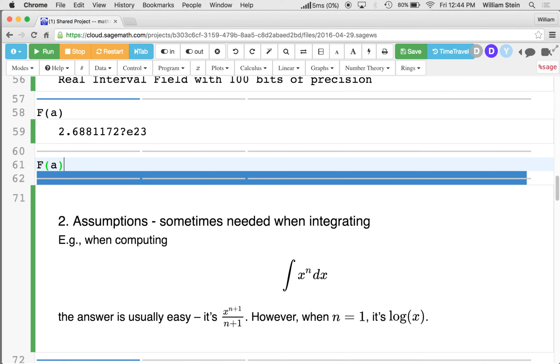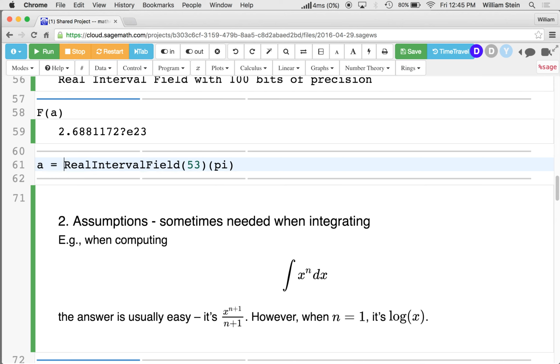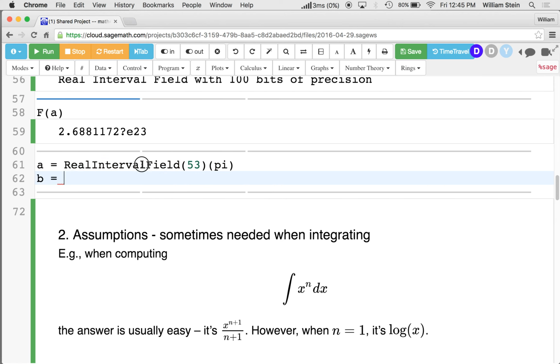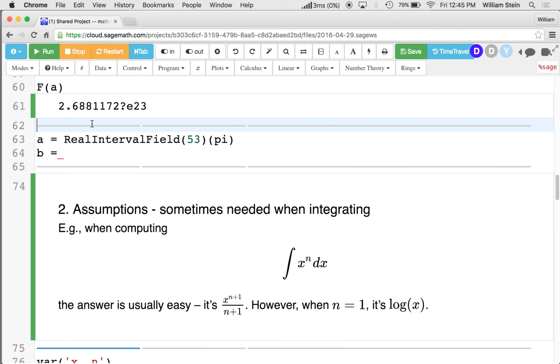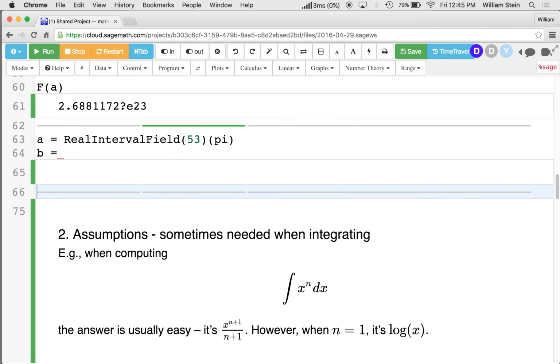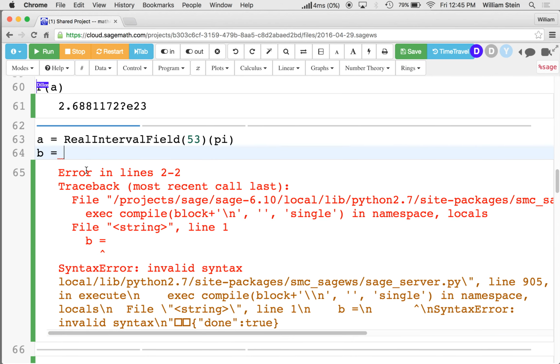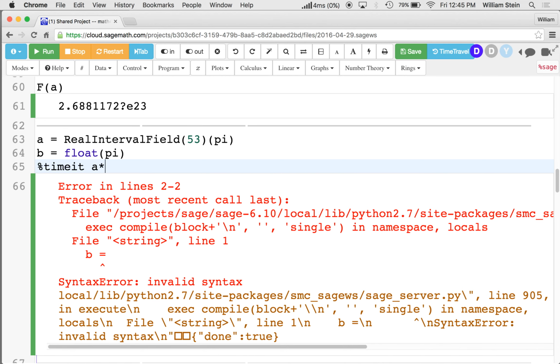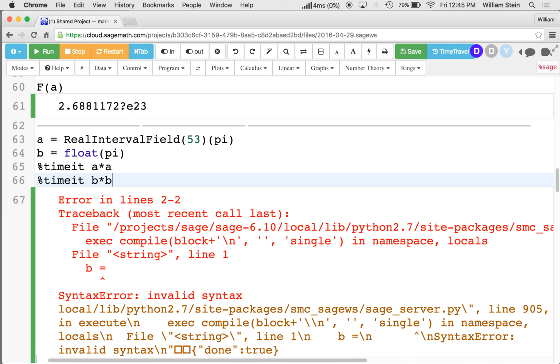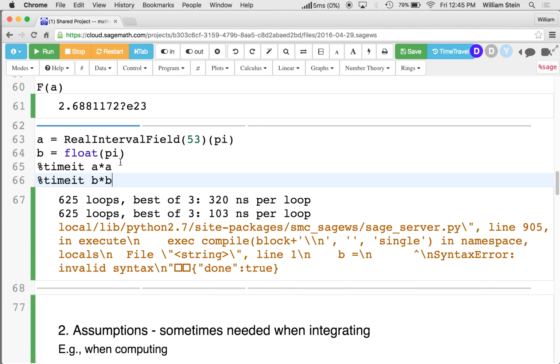So if we do real interval field with 53 bits of precision, and I'll make a number, namely pi. So I'll make that A, and I'll make B be real field with, actually I'll make B be a floating point pi. What I want to do is time A times A and time B times B. Let's see what happens.